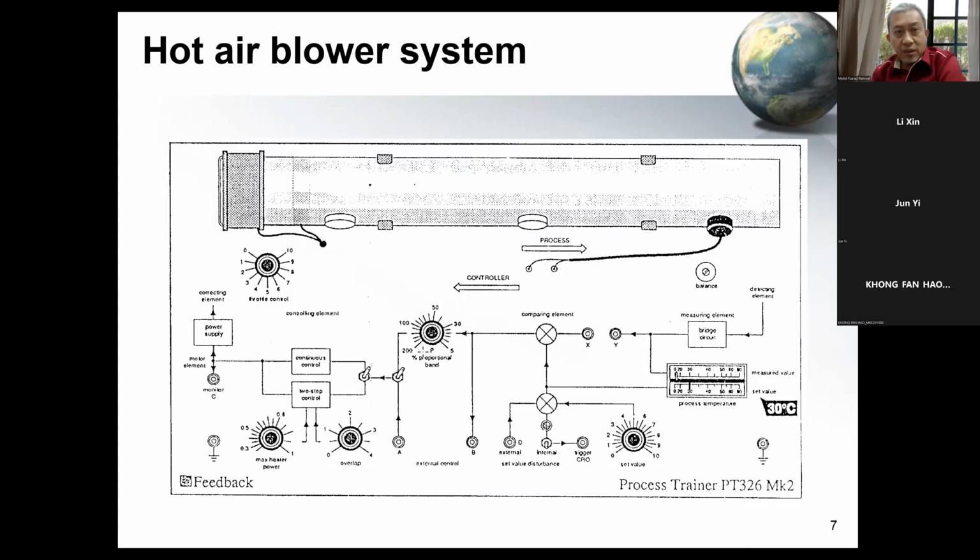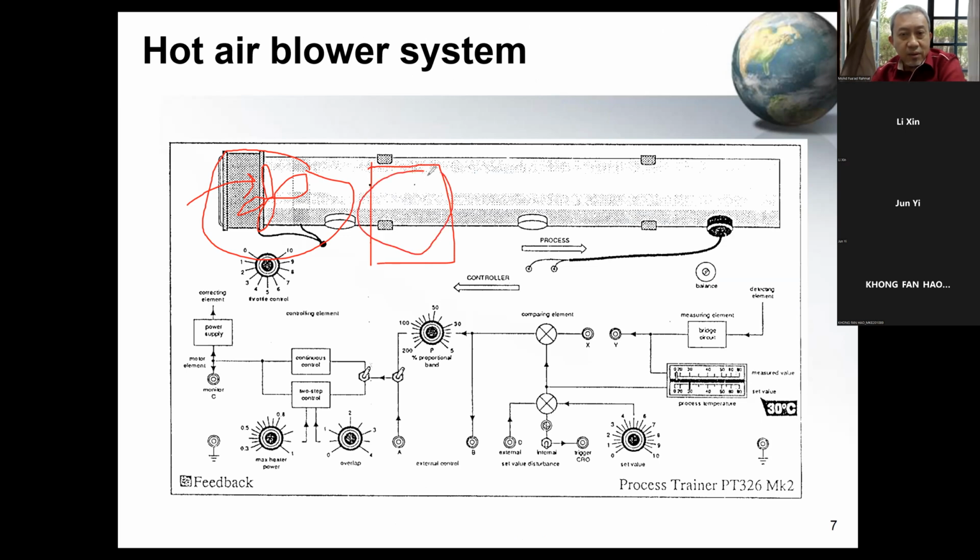So this is the system under investigation, the process trainer. If you can see here, the hot air blower system is over here. There is a fan that is rotating at this point, and in front of the fan there is a grill, a steel grill.